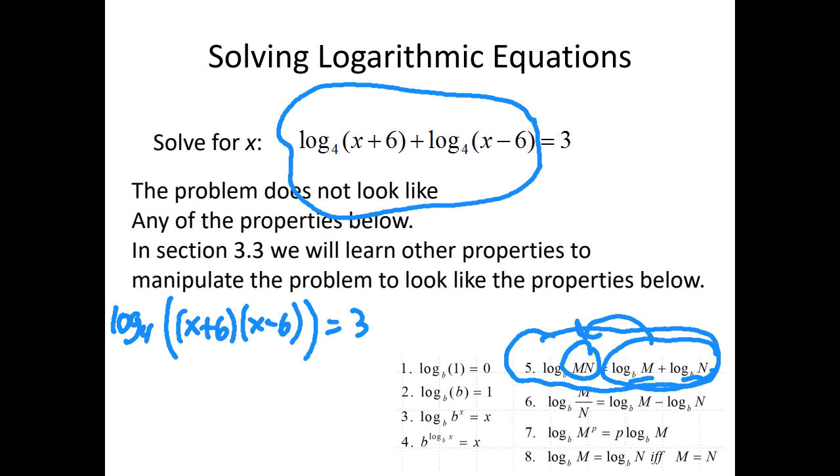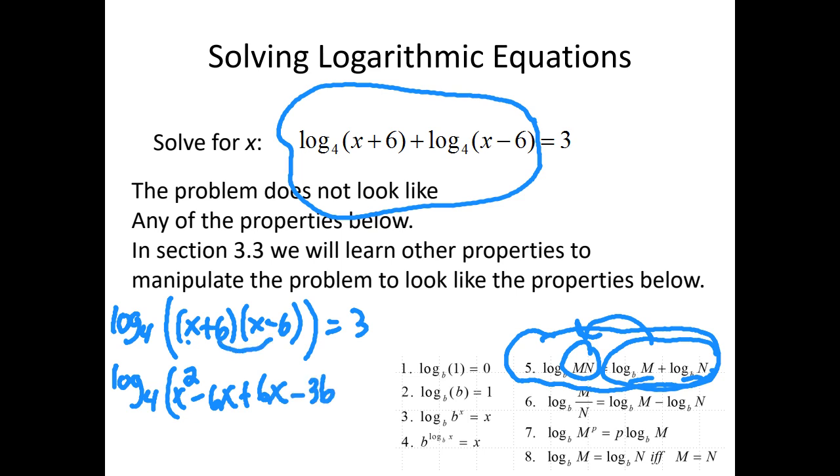So now I multiply: log 4 of x times x is x squared, x times negative 6 is negative 6x, 6 times x is 6x, and 6 times negative 6 is negative 36, and this is still equal to 3.